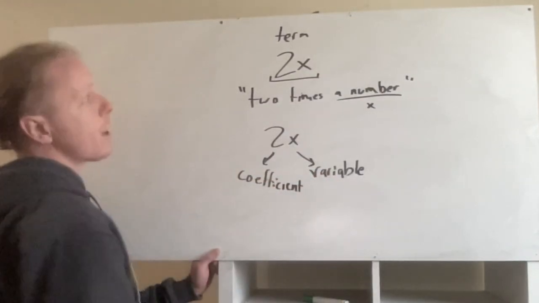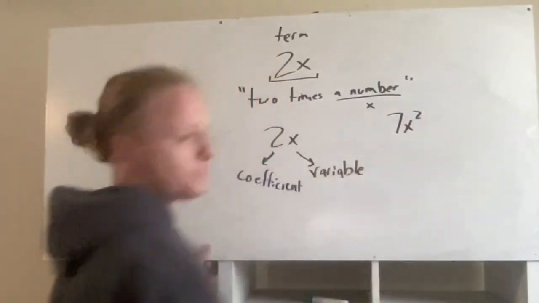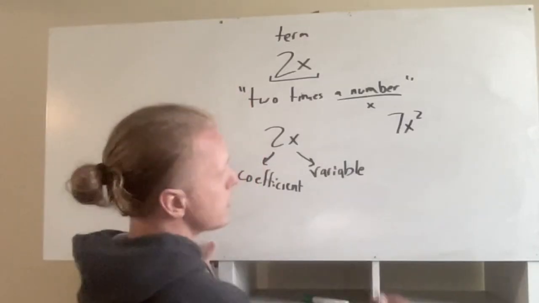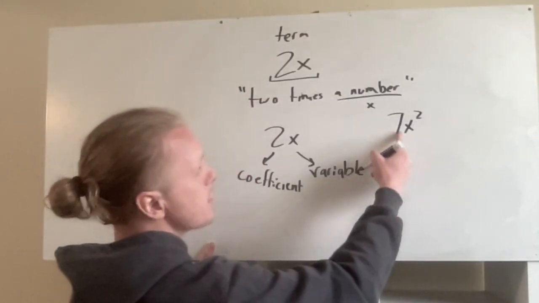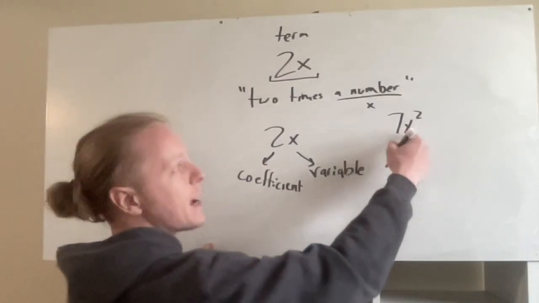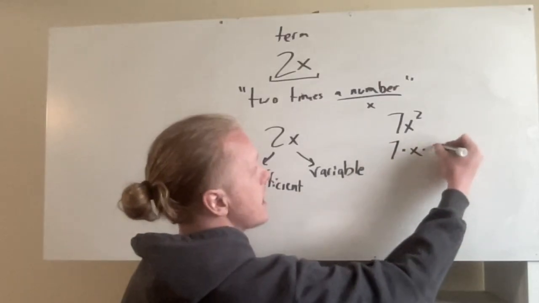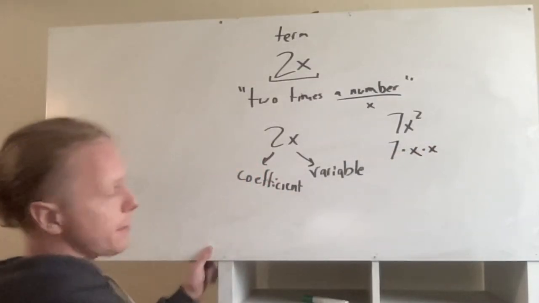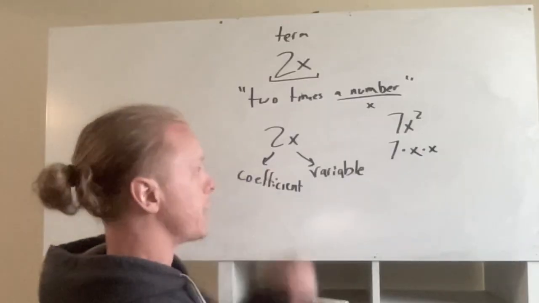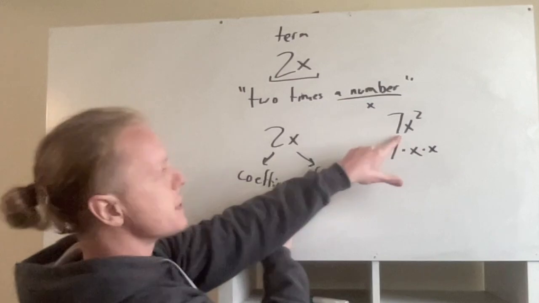Okay, let's take a look at another term. Let's take 7x squared. So this is 7 times x squared. And what does x squared represent? x times x. So I could show this as 7 times x times x. That's what 7x squared represents. What's the coefficient of 7x squared? 7.